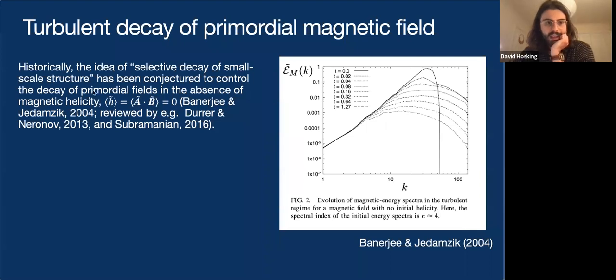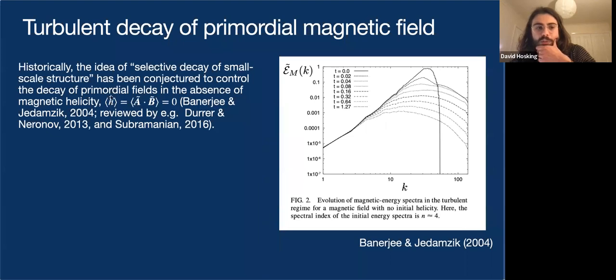magnetic fields? Well, historically, the idea of selective decay of small scale structure has been conjectured also to control the decay of primordial fields, particularly in the absence of magnetic helicity. So that's when the helicity density, and I introduced this tilde here to represent a quantity that is properly rescaled into the conformal value of the quantity so as to account for the expansion of the universe.